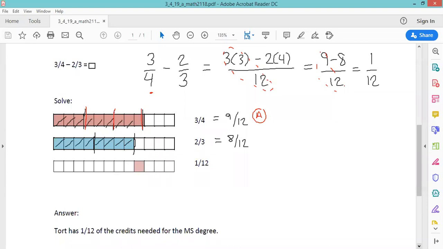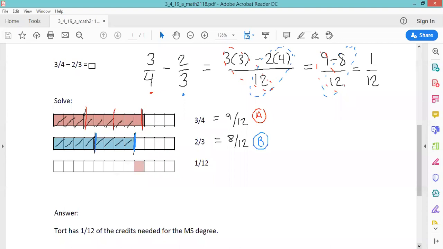Same with B. So our 8/12 began as 2/3 and then became 8/12 in our standard algorithm as well as in our math drawing.